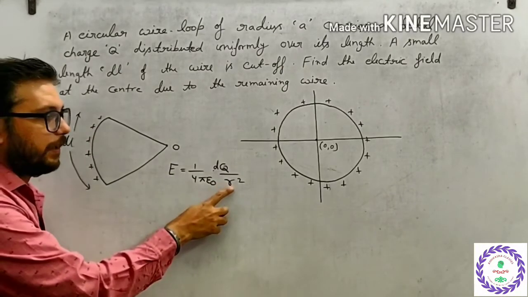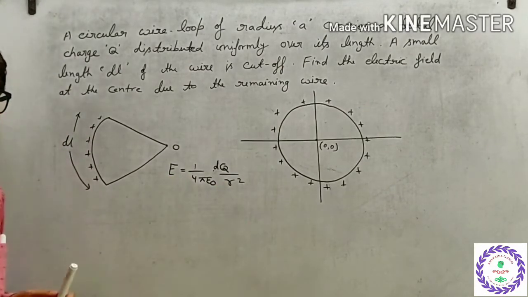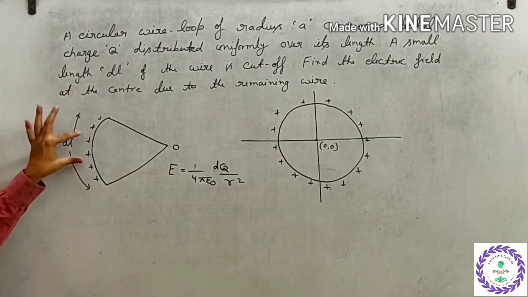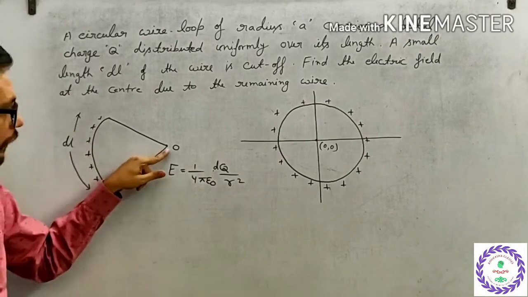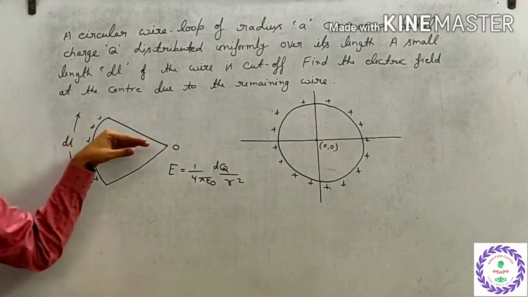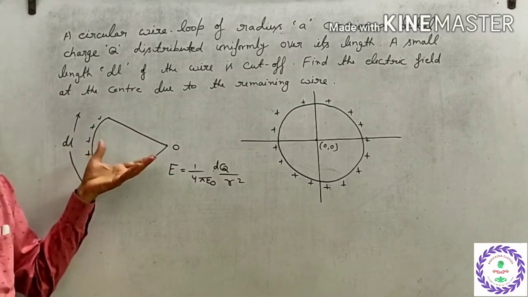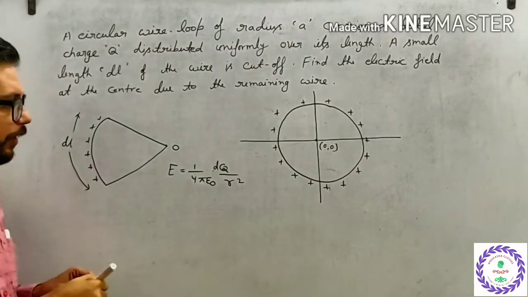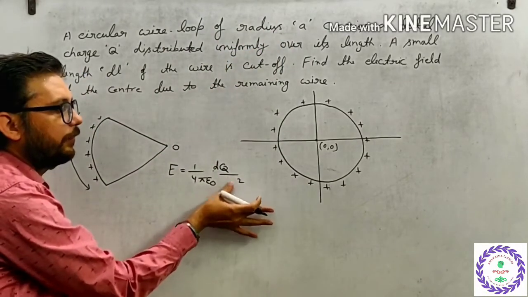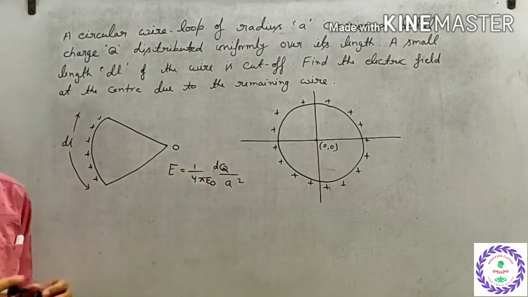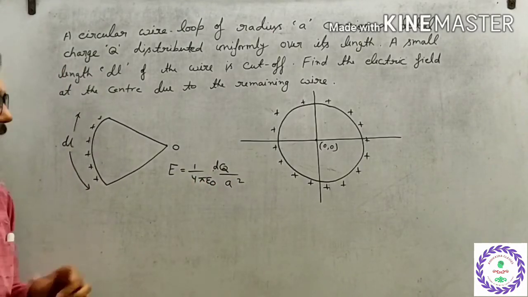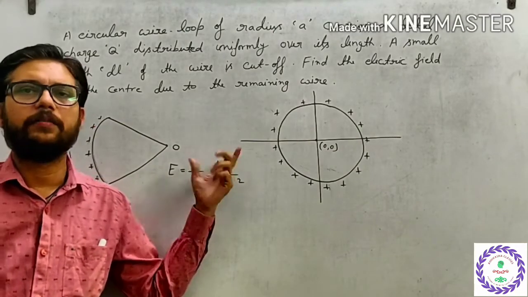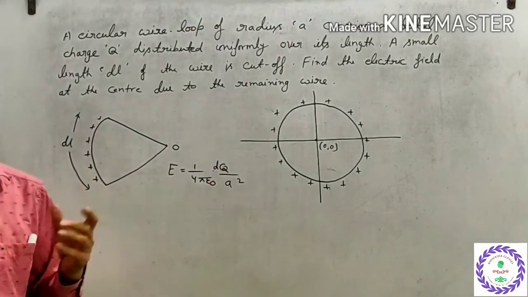Now what is r? r is the distance from the charge to the center, and this is the charge, this is the center. So the distance is none other than the radius. The radius of the loop is given as a, so in place of r we have a, so a square. Now if we calculate the value of dq, then we get the answer.